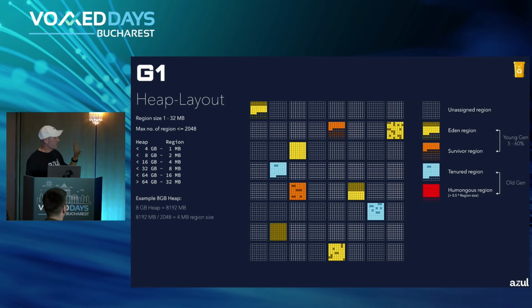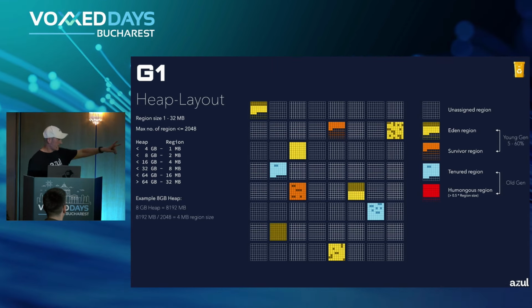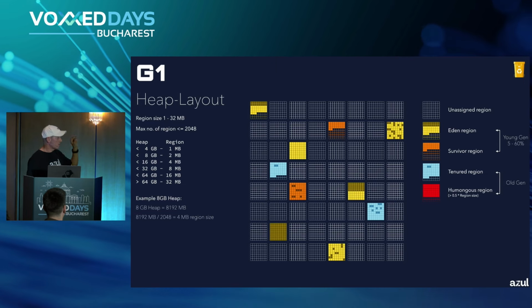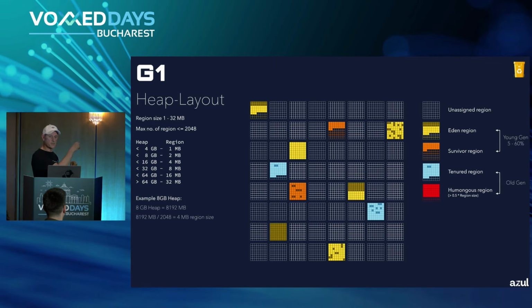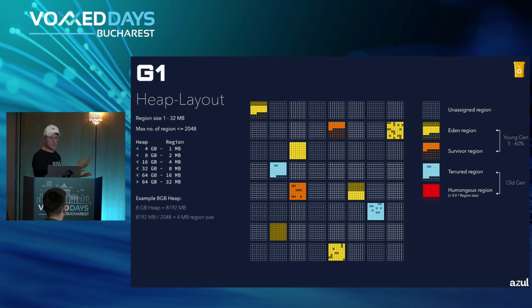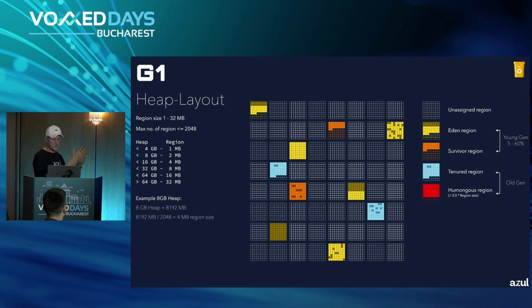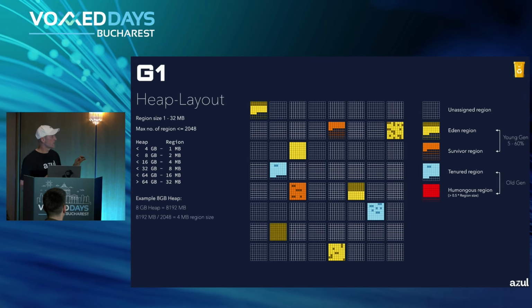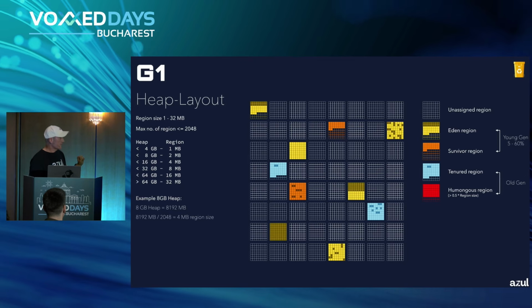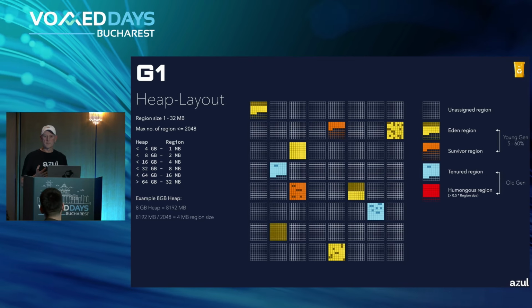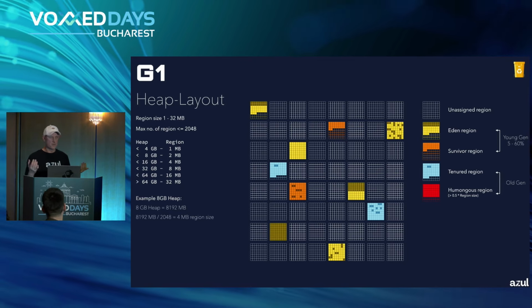Okay, so one advantage you can directly see is that the regions are small. Garbage collection in these small regions is fast, because they are all max 32 megabytes, which is not really a lot. Another thing is, this is called garbage first. So you might ask yourself, okay, what does it mean?